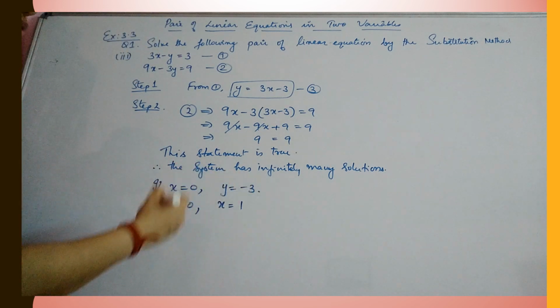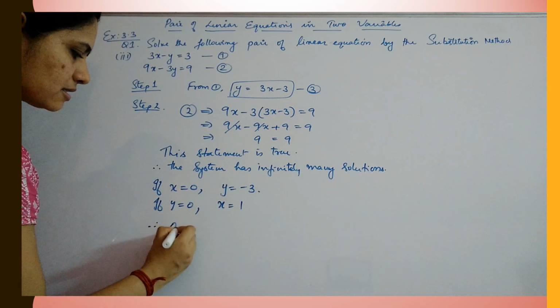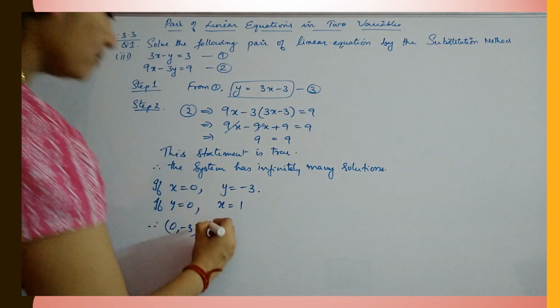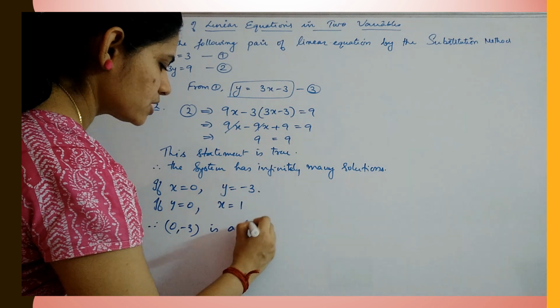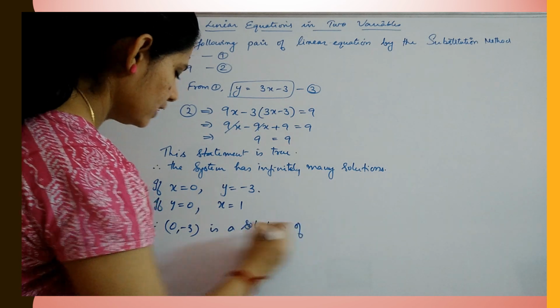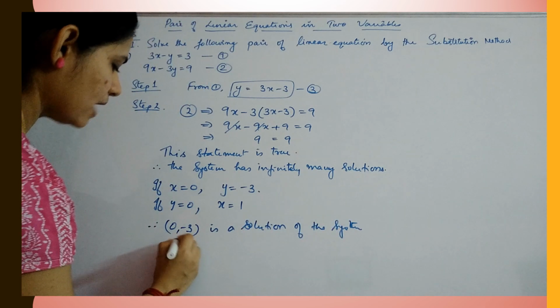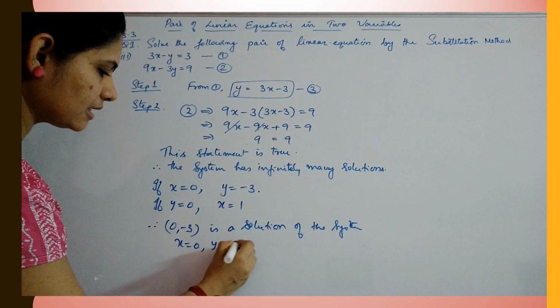So one set of solution is 0 comma minus 3, or else you can say 0 comma minus 3 is a solution of the given system. That means you have x as 0 and y as minus 3.